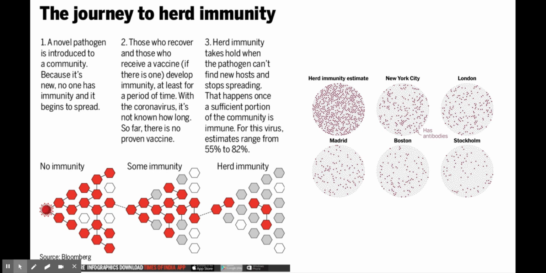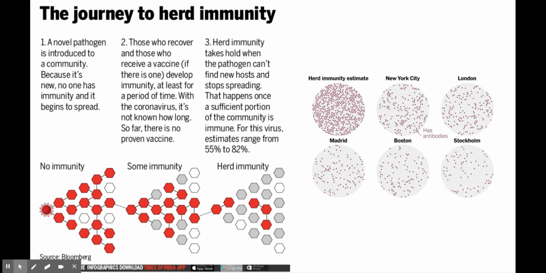We are currently on this so-called journey to herd immunity when it comes to COVID-19. We have a virus that is brand new, meaning that no one has immunity to it, and there's really nothing to stop it from spreading to everyone, theoretically.